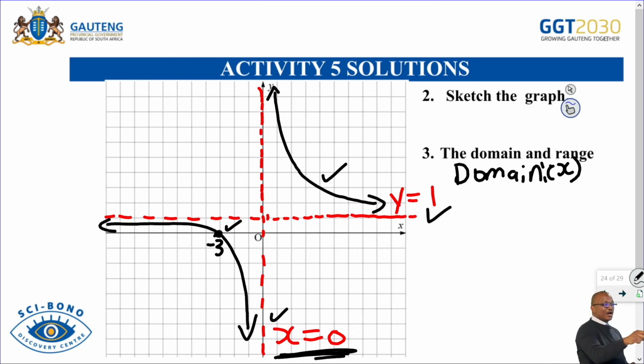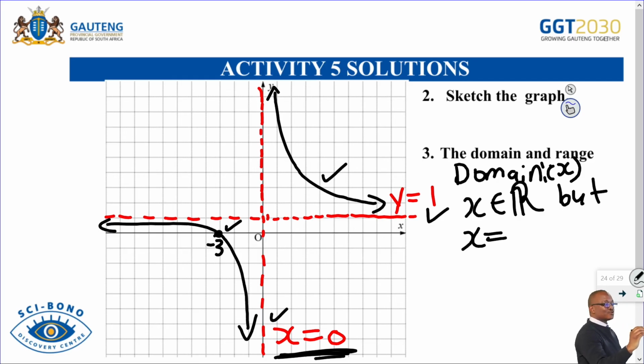So how we write the domain here, you will say x, because we're talking about x values, x is an element of all real numbers, but x can't be your asymptote. What is the asymptote? 0.